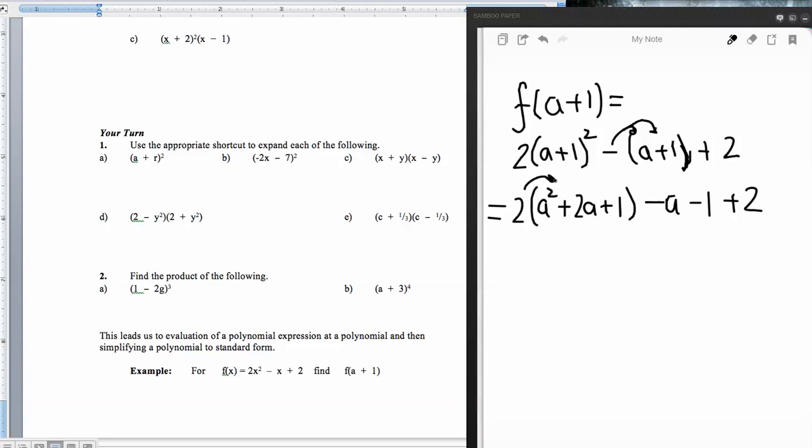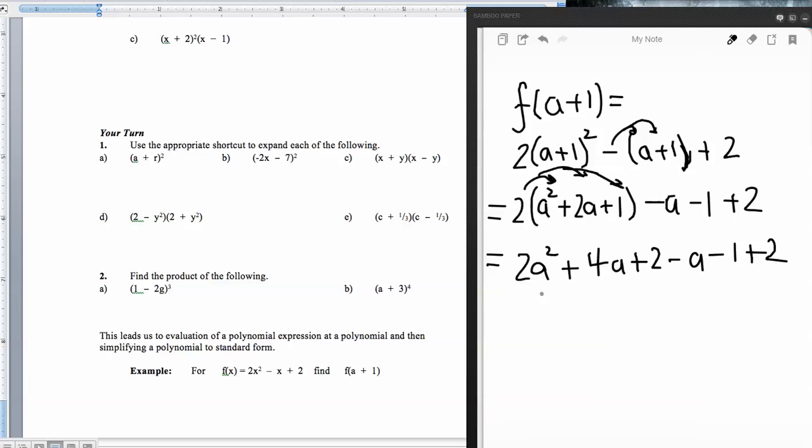Now we'll go ahead and distribute this one, and this one. So we have 2a squared, and then plus 4a, and then plus 2, sorry, not 2a, just 2 there. And then we have minus a minus 1 plus 2.